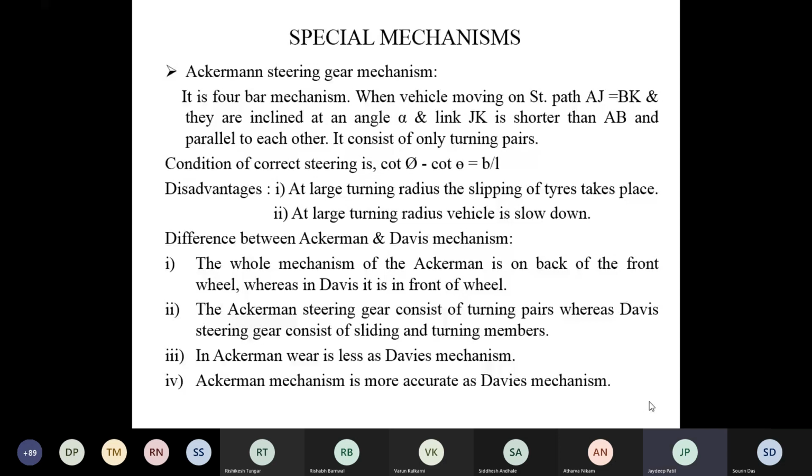That's why for a large turning radius you have to slow down for the Ackermann steering gear mechanism. These are the 4 points of difference between Ackermann and Davis. There is no derivation for the Ackermann steering gear mechanism. All of you note down these 4 points.